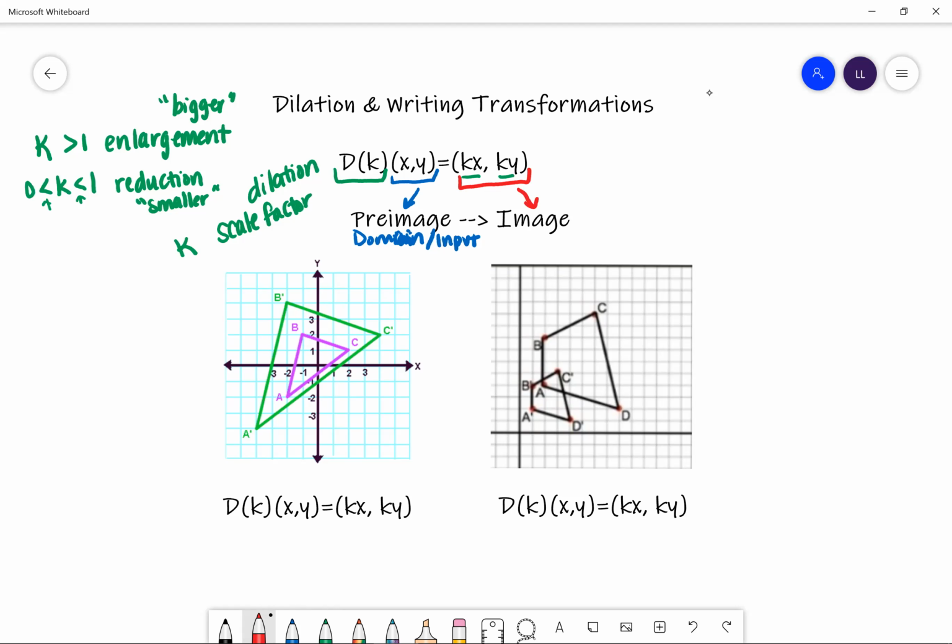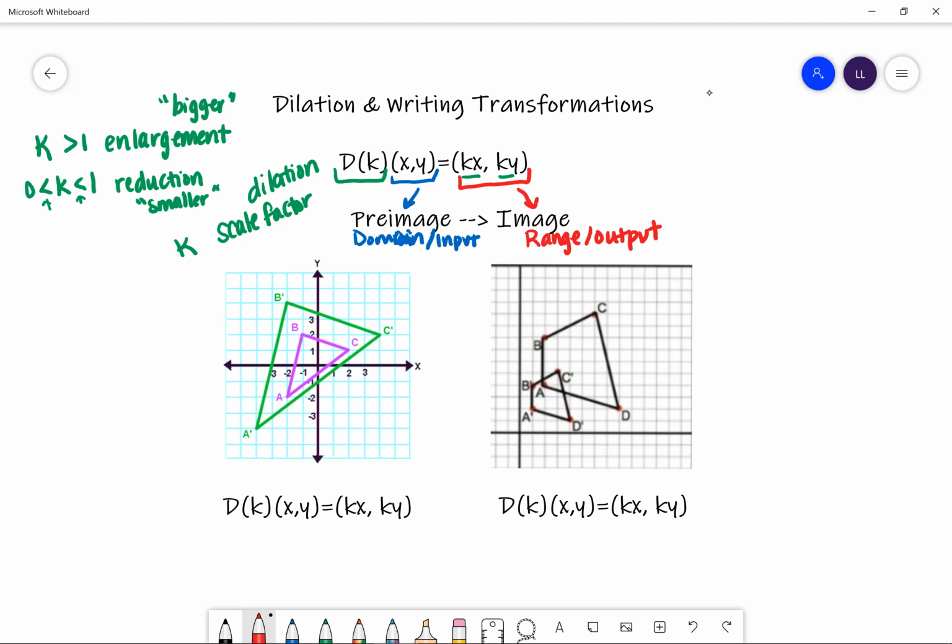I'm going to multiply every x coordinate by whatever k is, and every y coordinate by whatever k is. That's our resulting image, which is our range, our output. Remember, transformations are functions. Because they are functions, they have a domain and input, and you perform this operation, and then you have a range, which is an output.